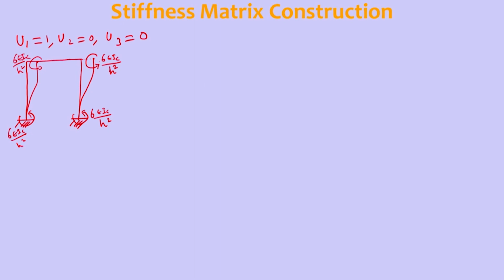So these 6 EI by H square, 6 EI by H square together will create an unbalanced force of 12 EI by H cube. So in this direction it is 12 EI column by H cube, and this reaction is also 12 EI by H cube. Similarly on the other side.